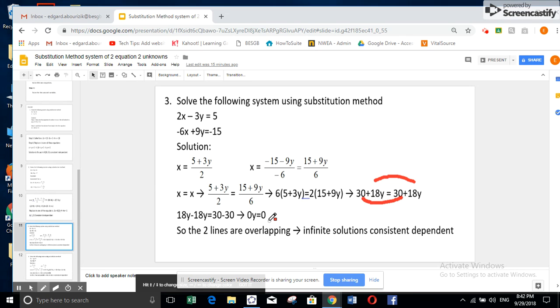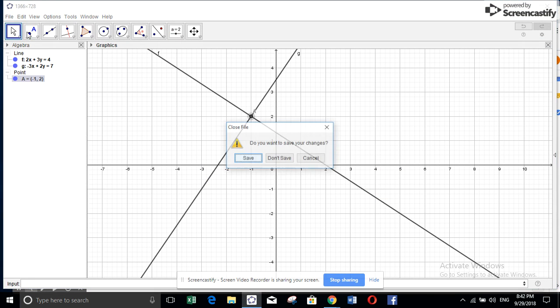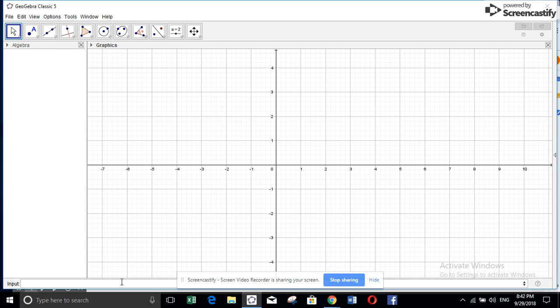What does it mean, 0 equals 0? The two lines are overlapping, so they have infinitely many solutions. Let us check it on GeoGebra. I have the first equation of the line, 2x minus 3y equals 5.